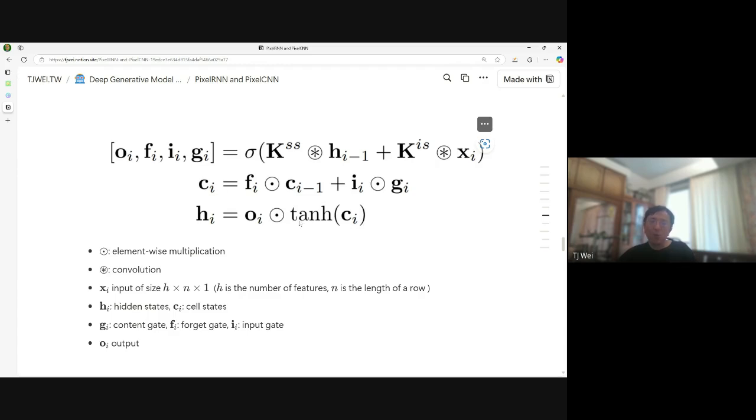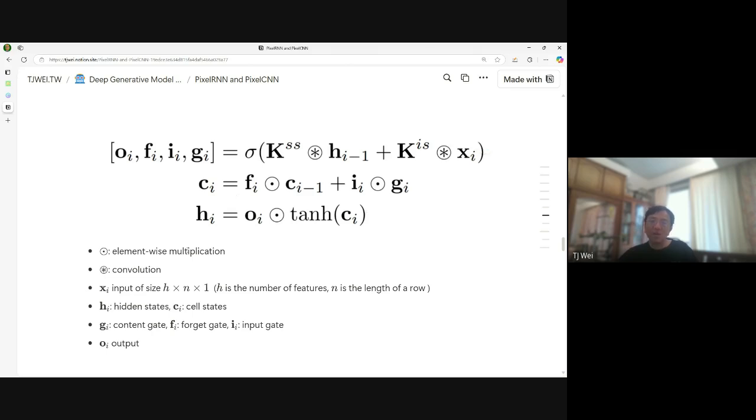There's probably only one thing that is different, on the output gate, because the output gate should depend on the new context, like c_i in our last illustration of the LSTM. But anyway, you can see the things right here.